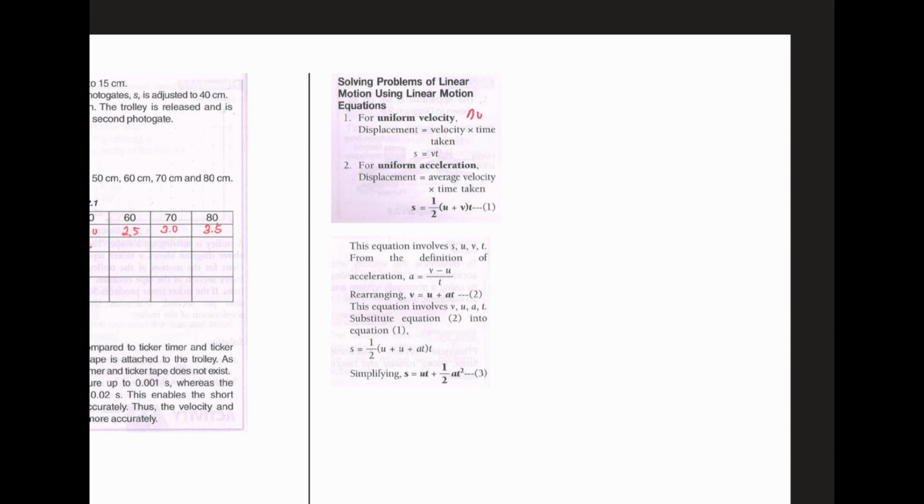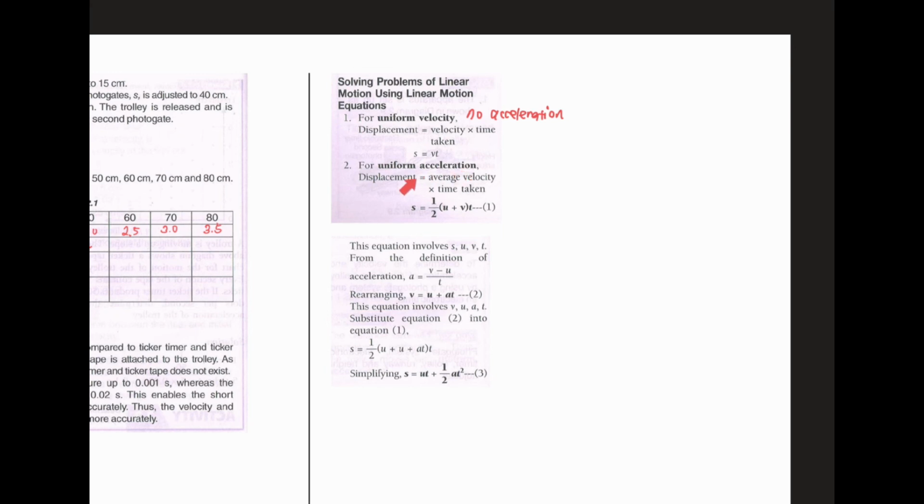When there is no acceleration, we can use displacement equal to velocity multiplied by time. This is a formula that we learned before, something like distance equal to speed multiplied by time. Displacement equal to velocity multiplied by time is just similar. We can only use this formula when there is no acceleration.